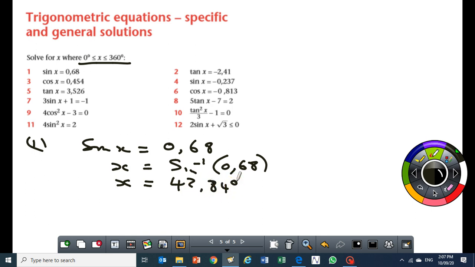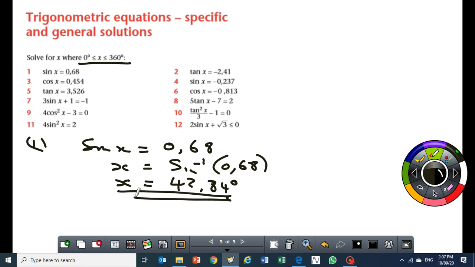Now, this is not the only answer. Because the ratio is positive, there's a second answer, which must be in the second quadrant, because sine is positive in the first and second quadrants. So this is the first solution. To get the second solution, you subtract this x from 180 to get the angle in the second quadrant, which gives you the same ratio of 0.68.